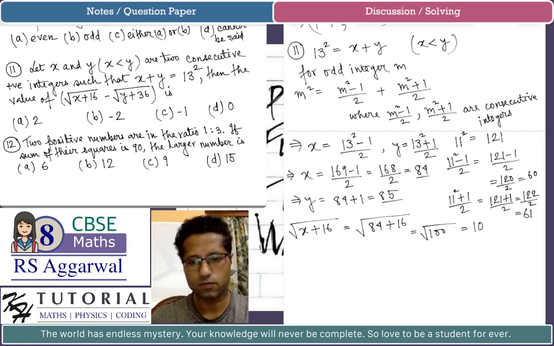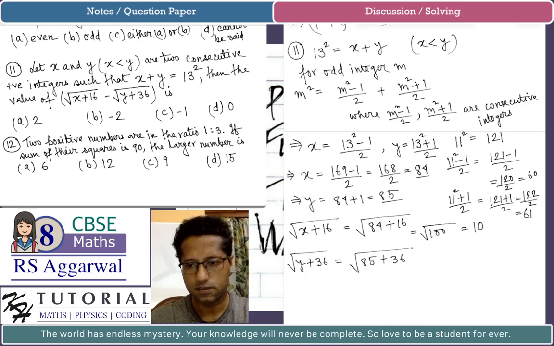And what is square root of y plus 36? So put the value of y, which is 85. 85 plus 36. This is square root of 121. This is 11.